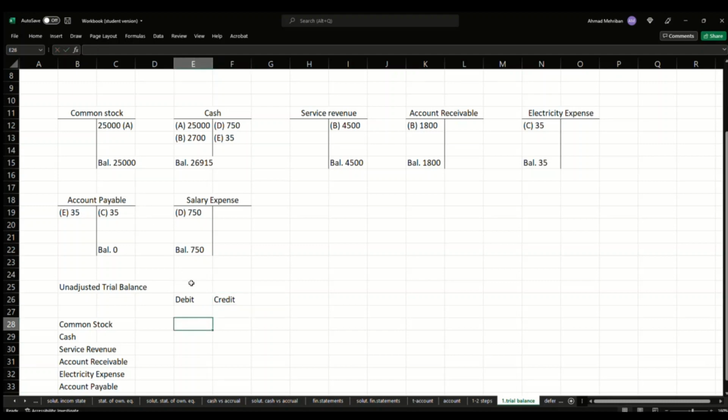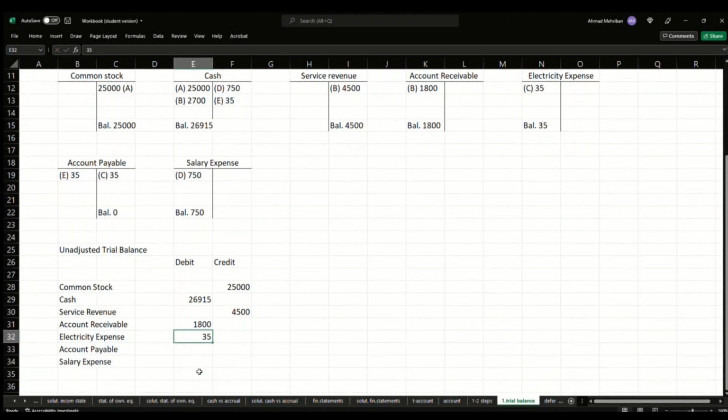And just input the information from the balances. So 25,000 is our credit on common stock, 26,915. Service revenue is 4,500. And just one by one input the information. Account payable is 0, so it doesn't matter.